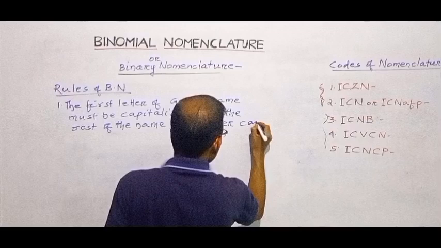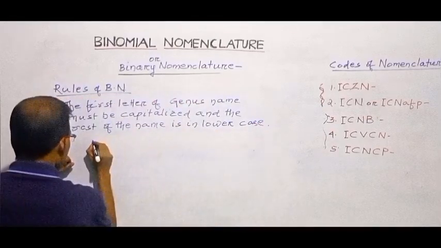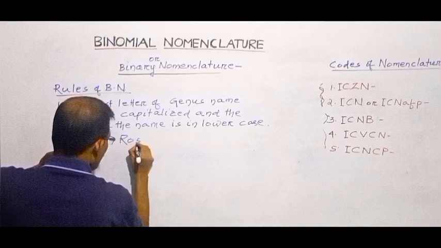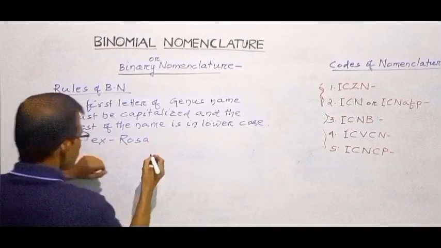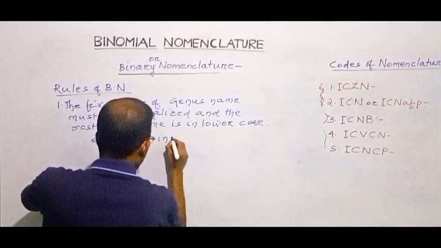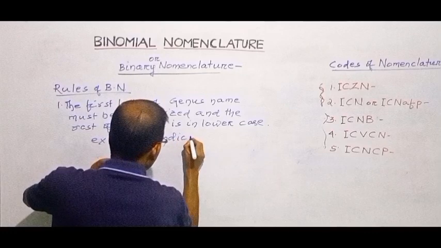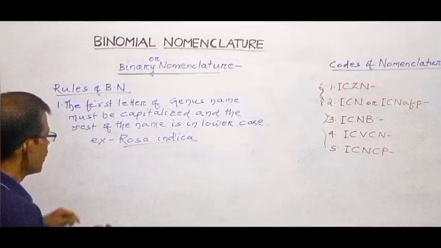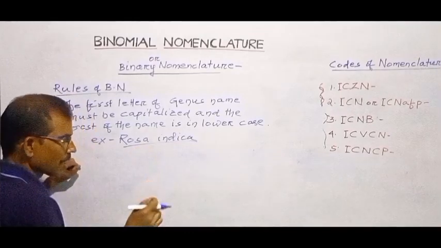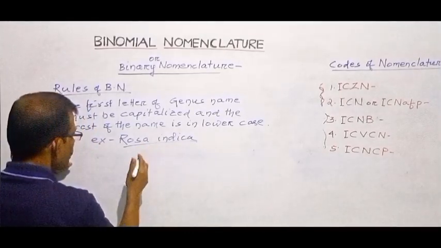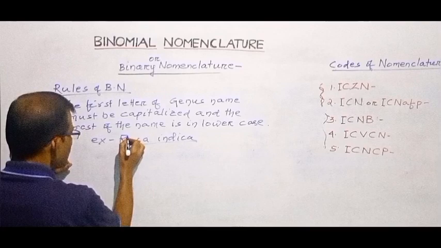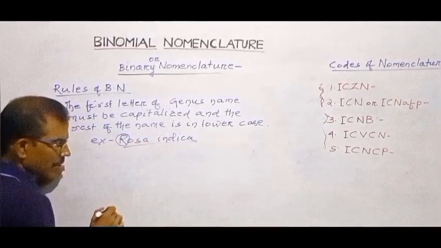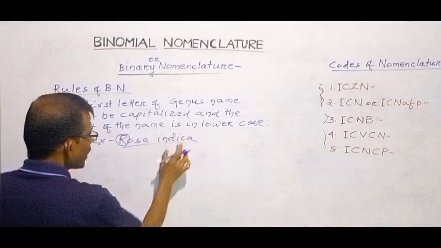For example, Rosa indica. This is the scientific name of rose, and Rosa is the genus name. Here you can observe that the first letter of Rosa, that is R, is in uppercase, and the remaining letters are in lowercase.